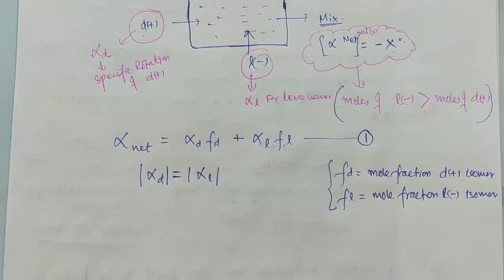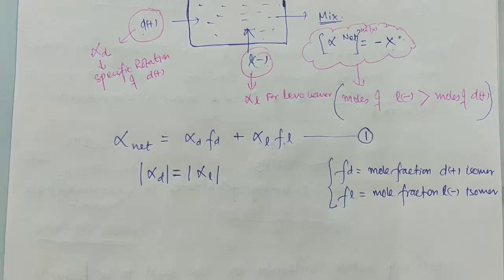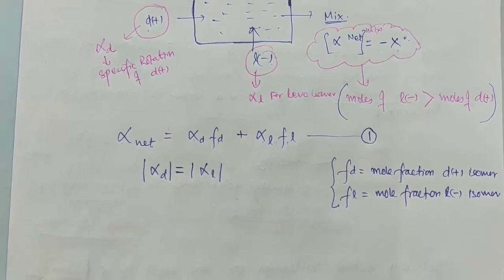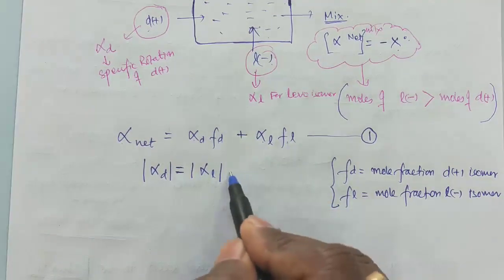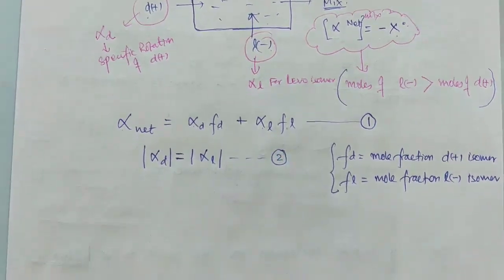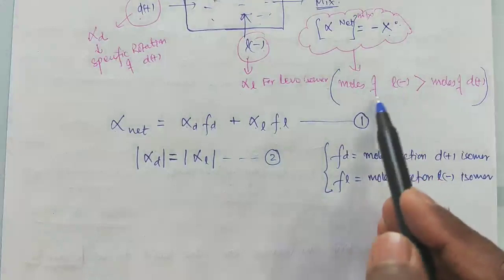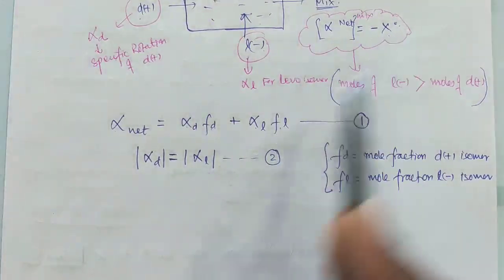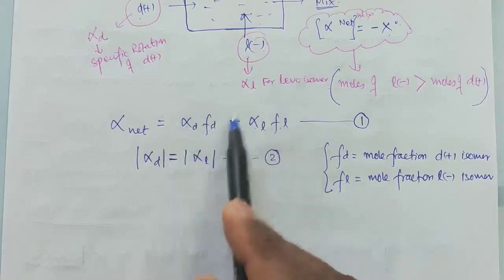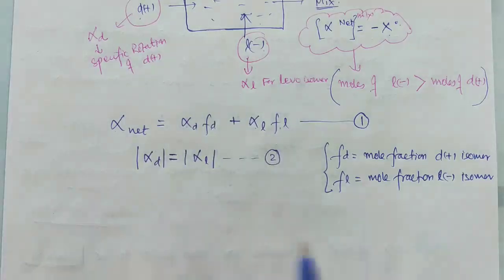This is very simple: the angle of dextrorotation is always equal to the angle of levorotation magnitude wise. One is positive, so the other one is negative. So in this situation, alpha net is negative, so we can convert this equation in terms of L, levoisomer.